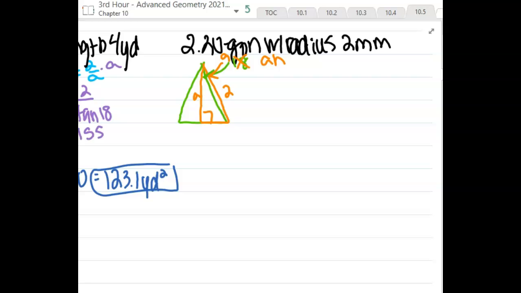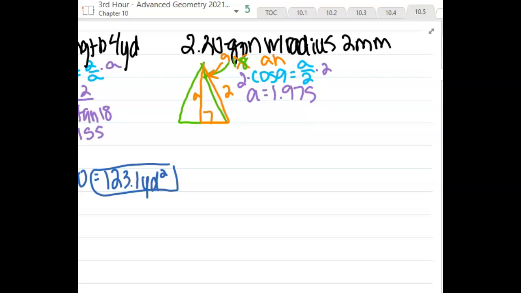So this time we're going to take cosine of 9 equals adjacent, which is A, over hypotenuse, which is 2. Now this one's nice because the variable's in the numerator. So to solve for A, we are just going to multiply both sides by 2. So in your calculator, you just take 2 times cosine of 9, and we should end up with the adjacent side, which is the apothem, should be about 1.975.